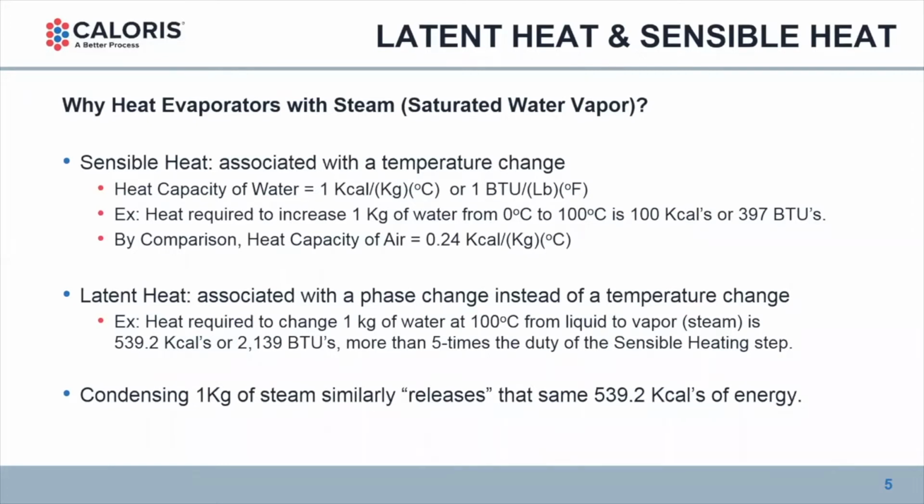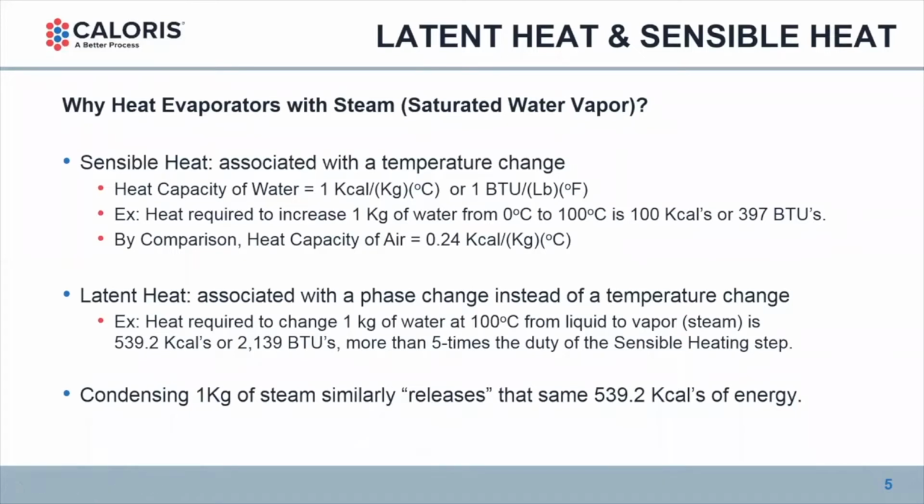The energy required to convert that kilogram of water from liquid to vapor form is 539 kilocalories, or over 5 times as much energy to convert it from liquid to vapor phase. Similarly, when you condense a kilogram of water vapor, steam, you liberate that energy, gives it off.